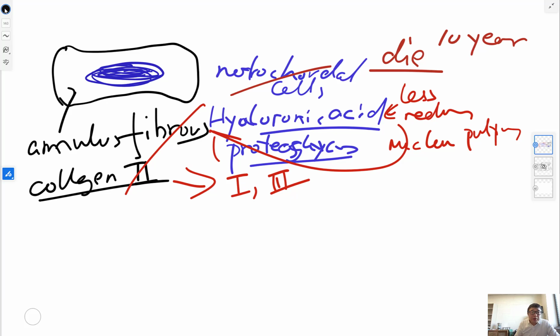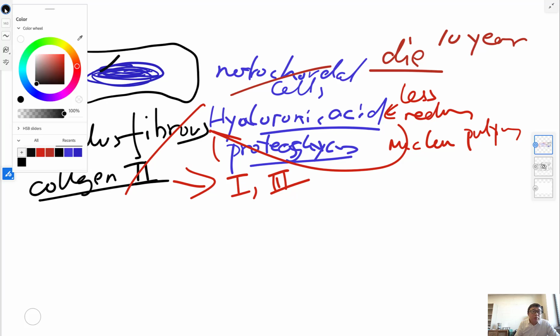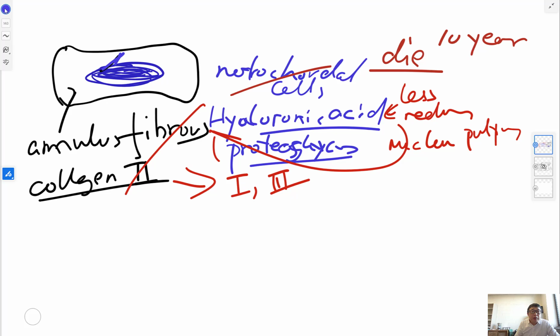And some of the nucleus pulposus may penetrate into the annulus fibrosus, making a different shape.